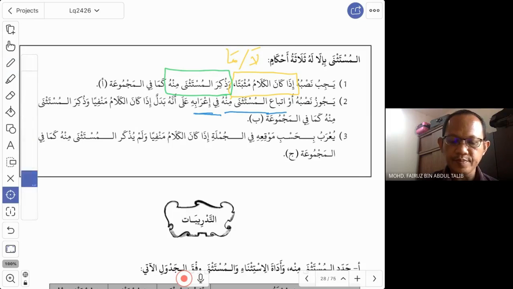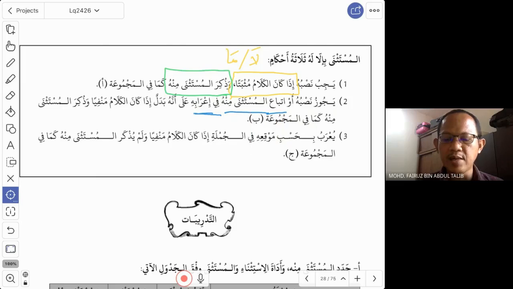So here they say it is allowed for you to make it mansub, or you have another option: you can just follow the mustasna minhu in terms of its hukum. If mustasna minhu is marfu, then the hukum is also marfu. So you can have either mansub or marfu. If the mustasna minhu is mansub, then it is mansub. If mustasna minhu is majrur, then mustasna will be majrur as well. This is what they mean here.